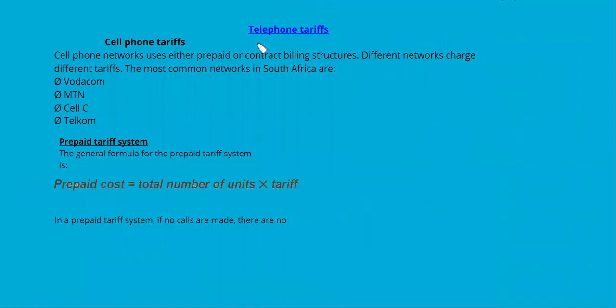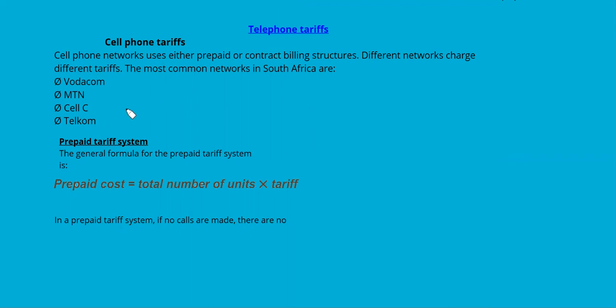Let's also look at telephone tariffs. Telephone tariffs can be prepaid or on contract. We all know that if you want to call someone, you need to put airtime. For you to load airtime, that will be prepaid.